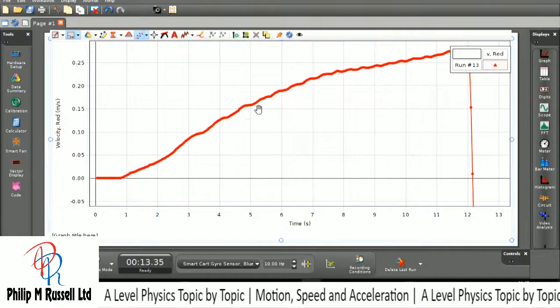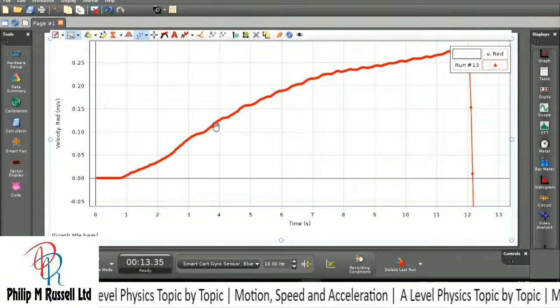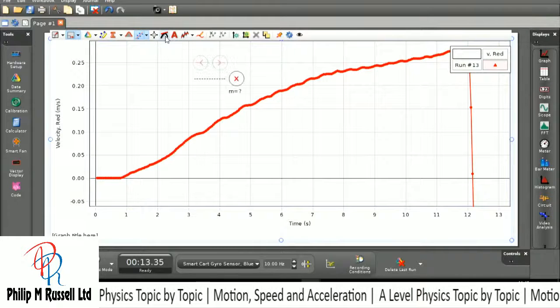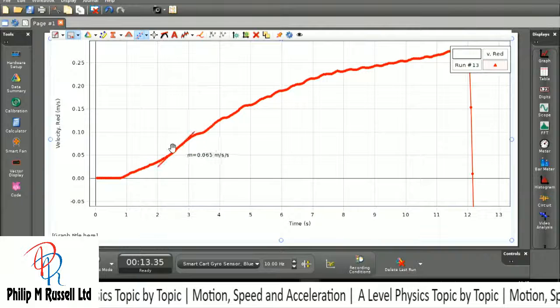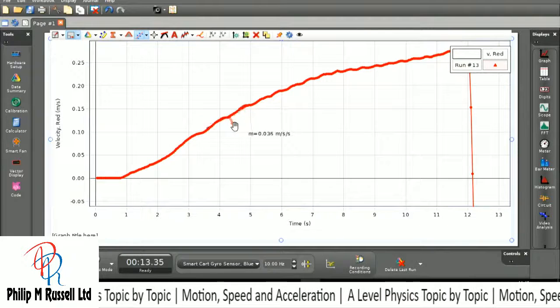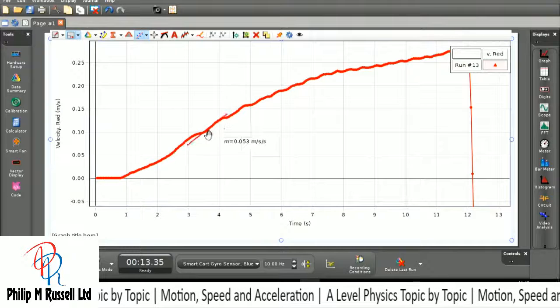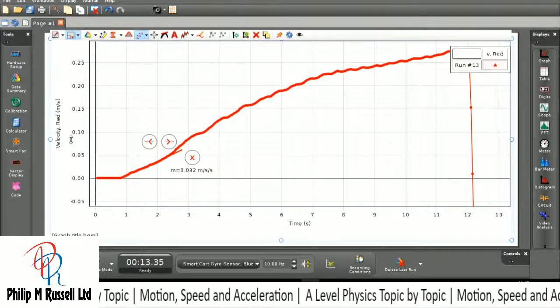Now, what's causing all this problem? Well, what's causing the problem is the fact that it's not accelerating nicely. We can look at this and we can see that it really is going all over the place. I really don't want to have a look at the acceleration graph, but we will.